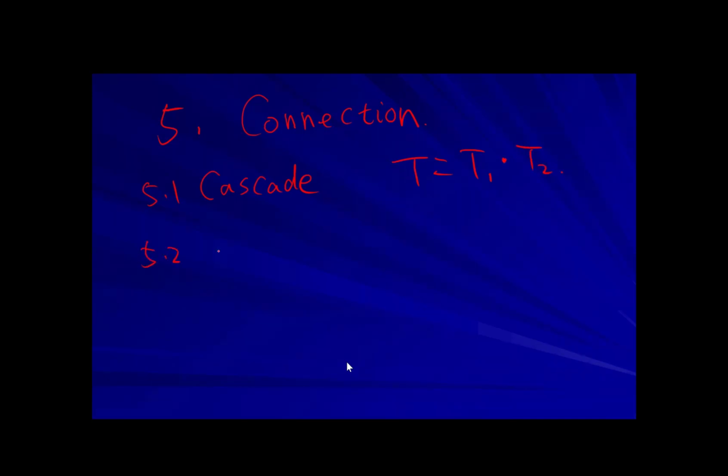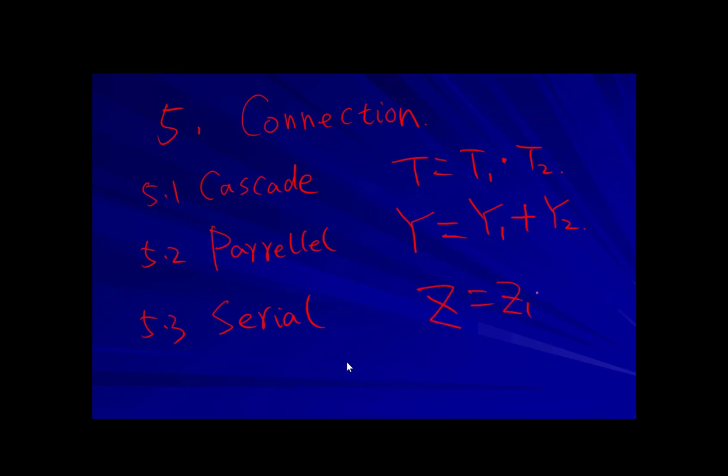For the second, we have learned parallel. The parallel connection is expressed with the Y parameter as Y1 plus Y2. The serial connection, we use Z to express it as Z1 plus Z2.